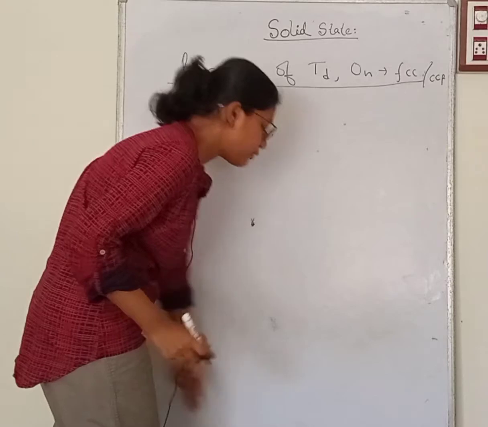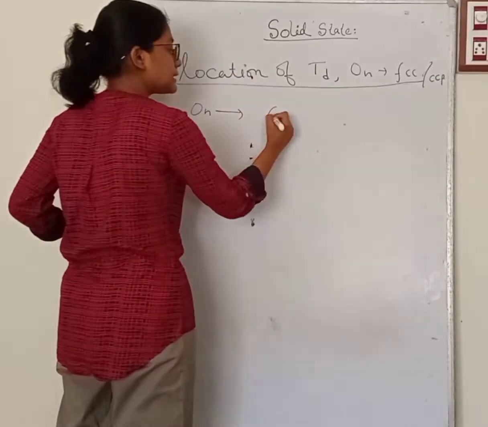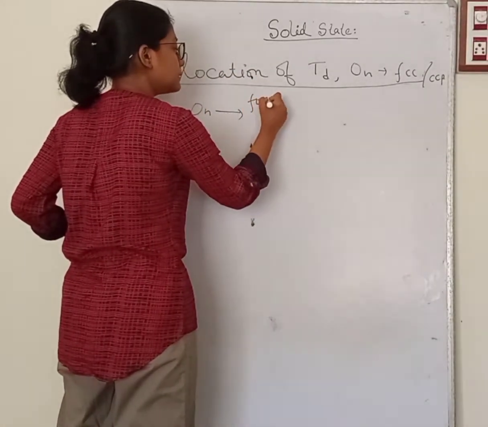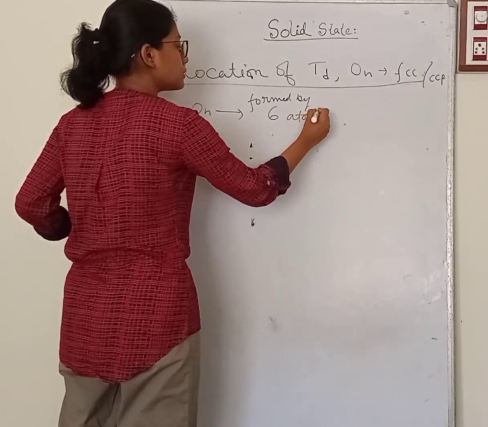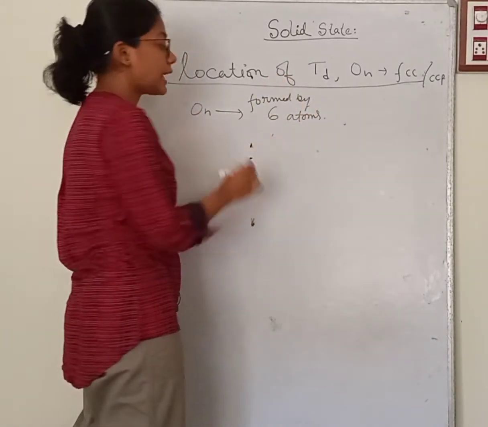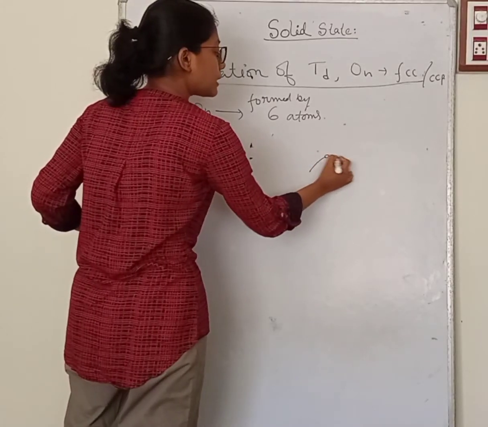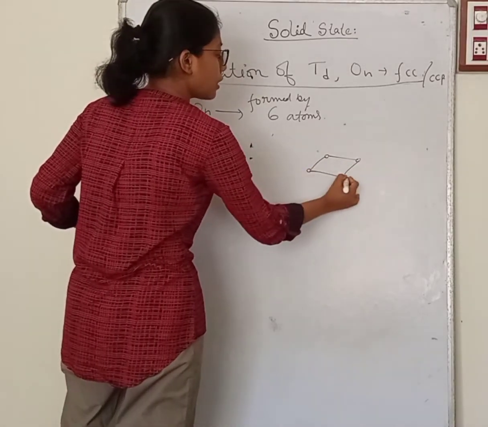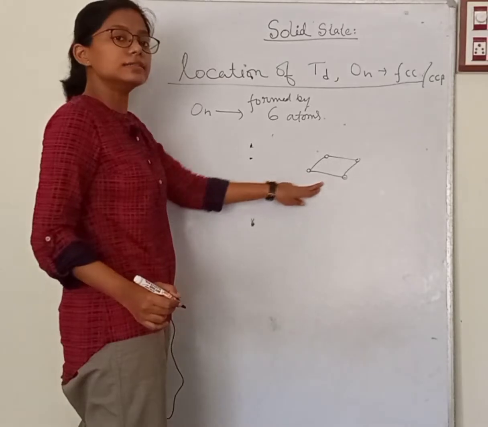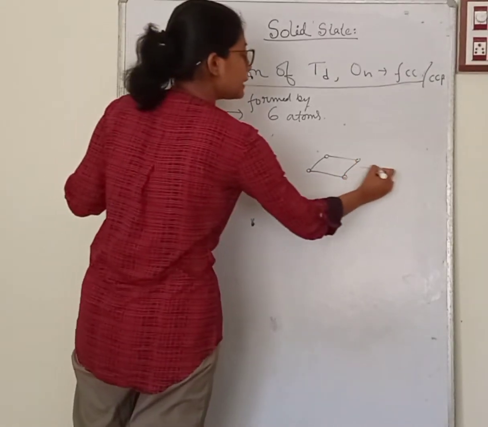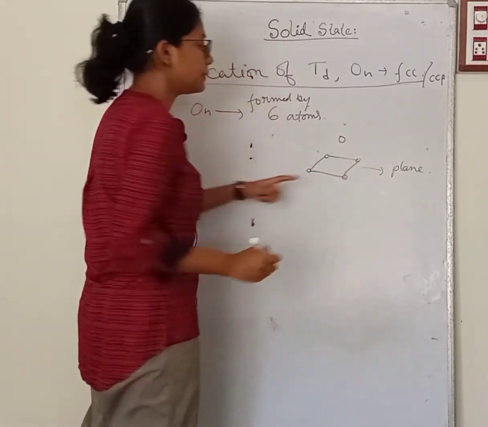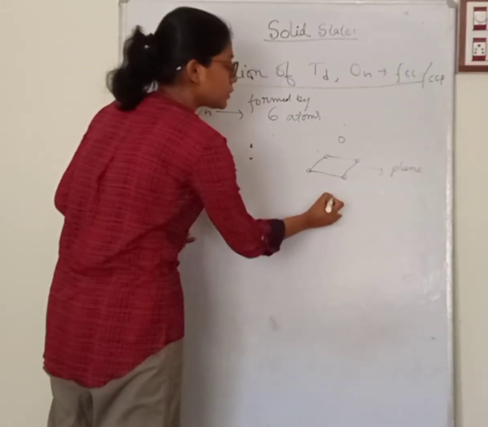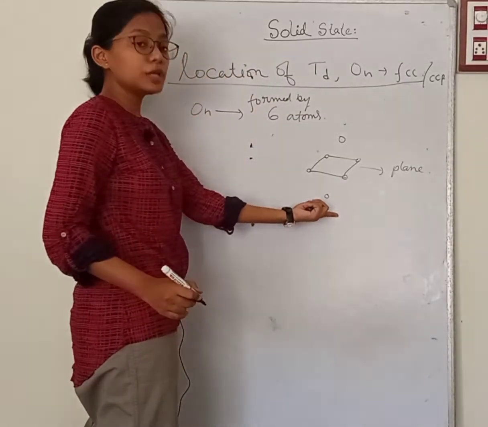Octahedral voids are formed by 6 atoms. The shape will be: 4 atoms on a plane, one atom above the plane and one atom below this plane.